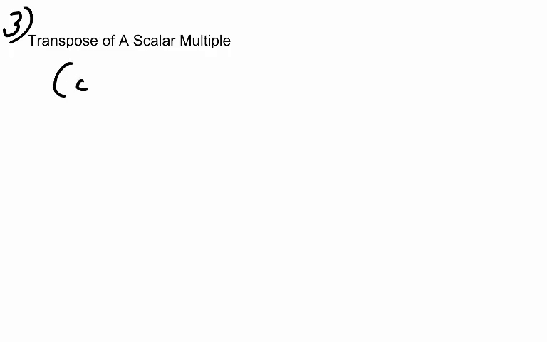We have another property, the transpose of a scalar multiple. This is our third property. And it states that our scalar multiple C, in other words, some constant, times A, transposed, is equal to C times A transpose.